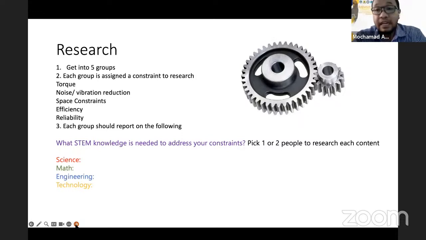Ini sebenarnya dikehendaki oleh Prof. Laura. Tapi mungkin nanti akan kami modifikasi bentuk penugasannya seperti apa. Jadi intinya Anda nanti akan bekerja dalam grup juga untuk melakukan riset ini, bagaimana mendefinisikan dan menyelesaikan permasalahan yang dijelaskan di awal tadi.